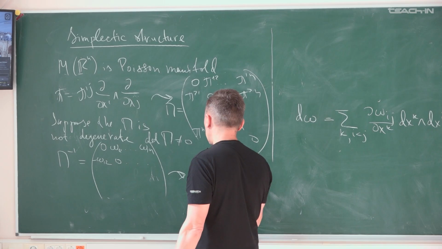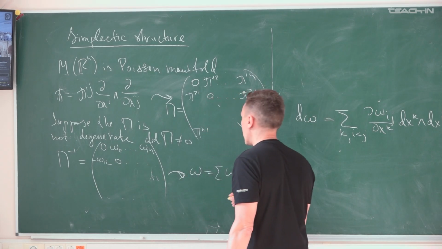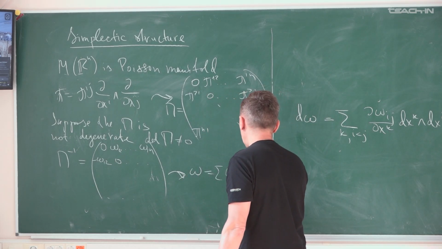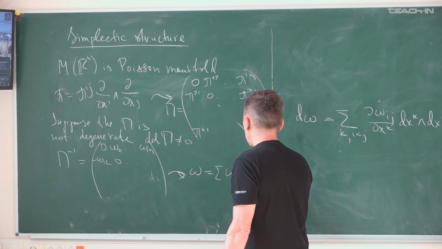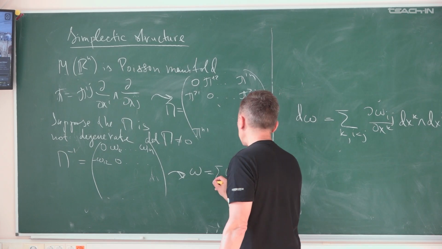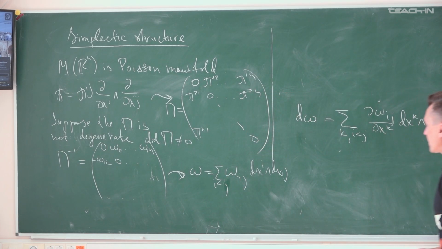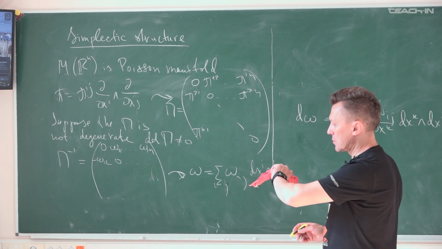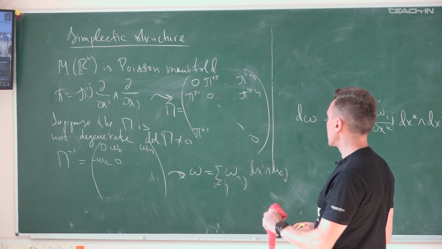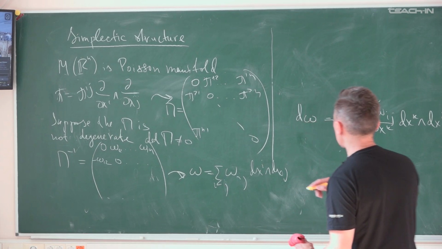Omega is the sum of omega ij dxi dxj. A statement, but maybe it will be, I will demonstrate it during the next lecture.